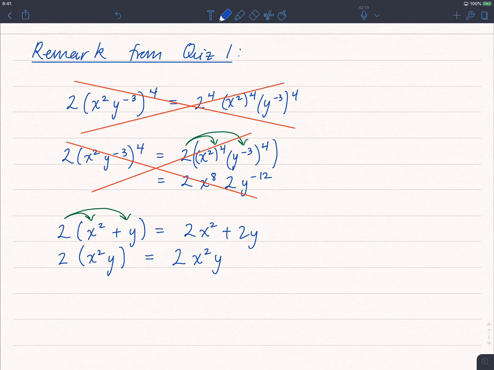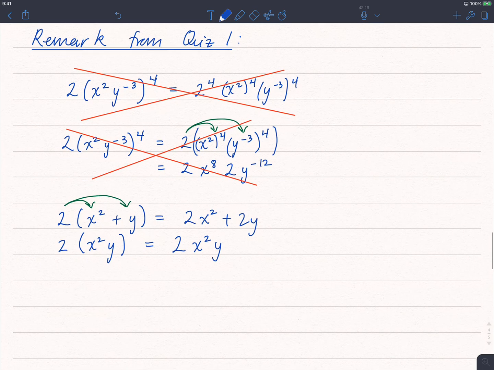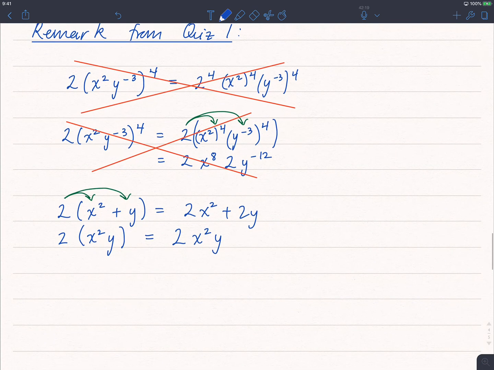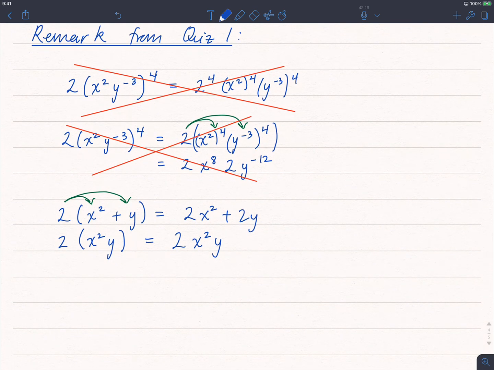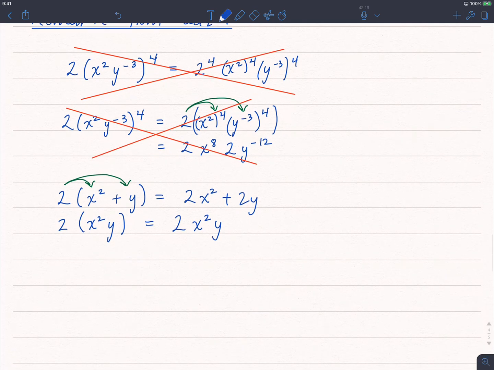And a reason that we don't distribute can be seen from an example using numbers. Remember, we view the variables x and y as some arbitrary numbers. So let's look at if we were to do 2 times 3 squared times 4, let's say.